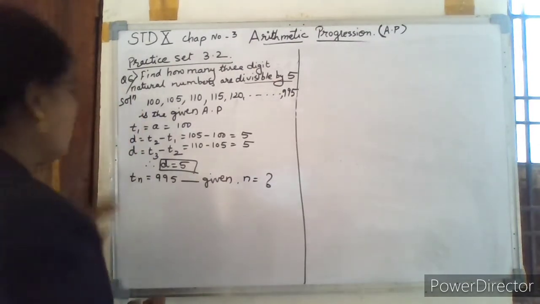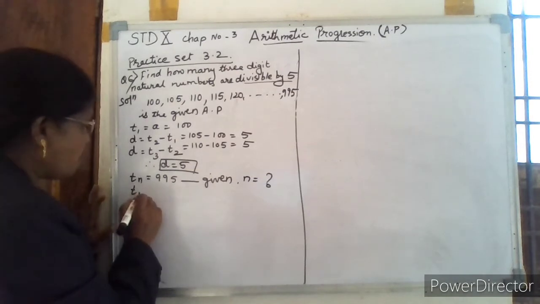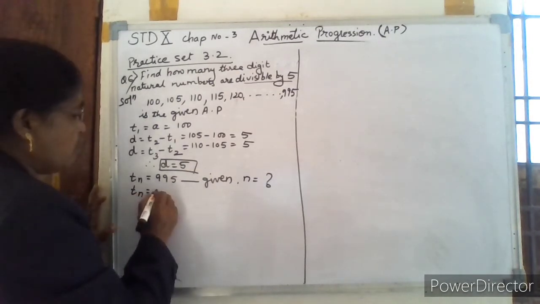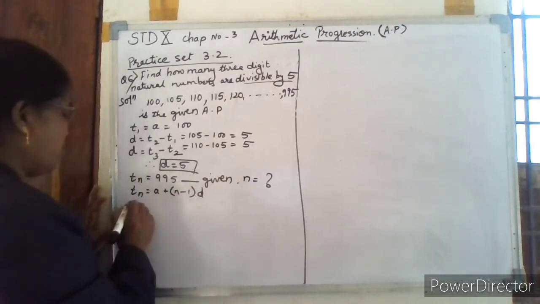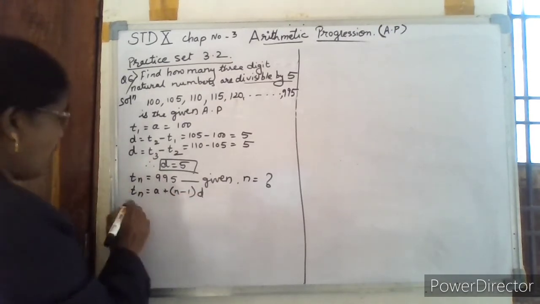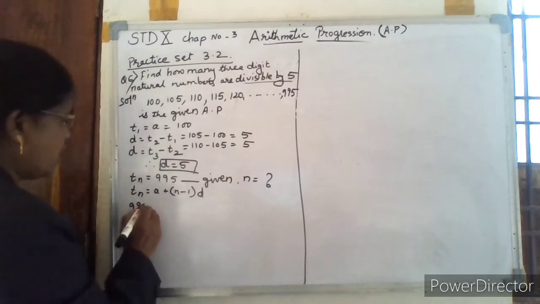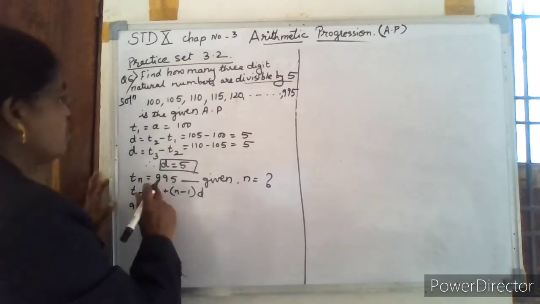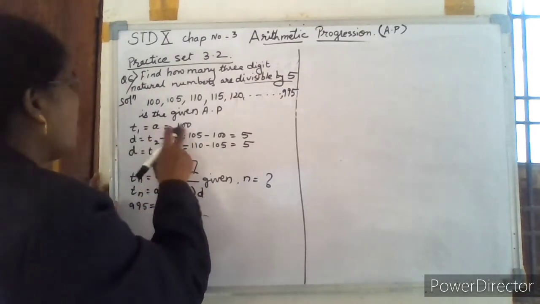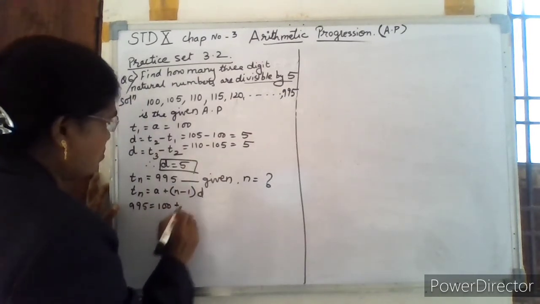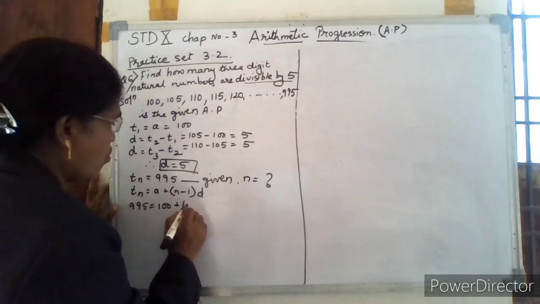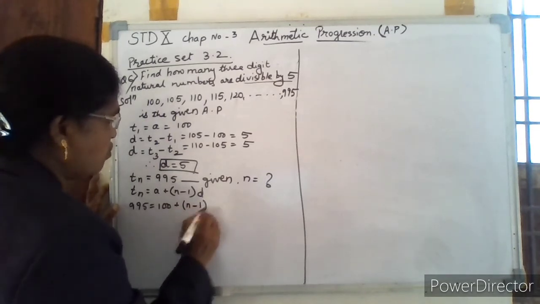Therefore, take the nth term formula: a plus n minus 1 into d. We have the nth term value as 995, equal to A value 100 plus n minus 1 into D value 5.